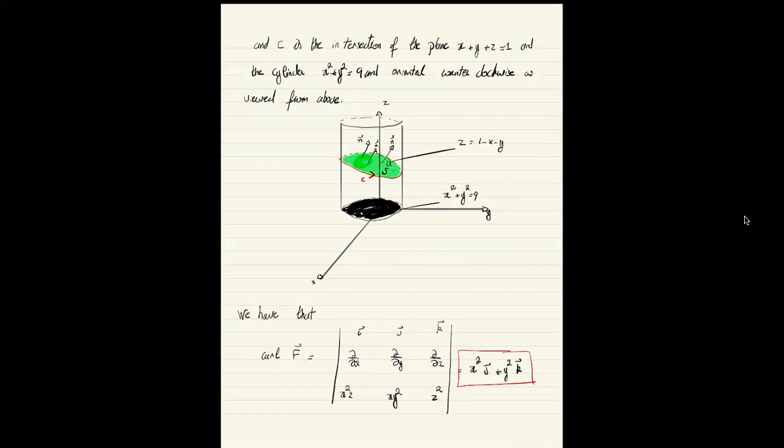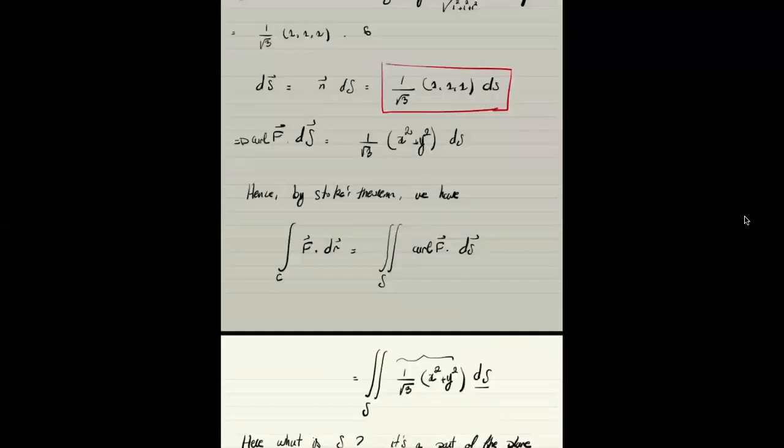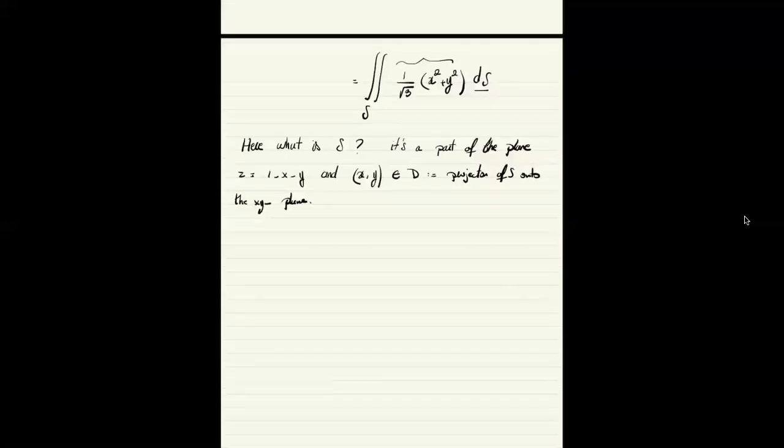That is always the case when I have a graph of a function: the domain D is what you get when you project. We are inside a cylinder, so it's the disk x squared plus y squared less than 9.